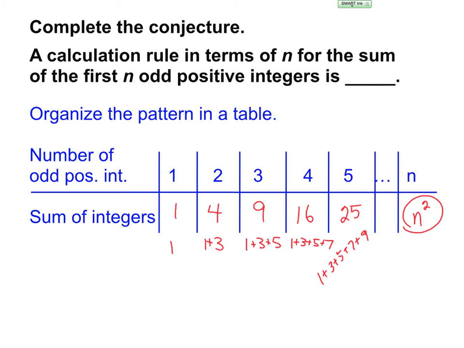What would the first 50 positive odd integers add up to be? That's 50 squared. 25 with how many zeros? Two more zeros, so 2,500. So you can use conjectures in that way to come up with a formula.